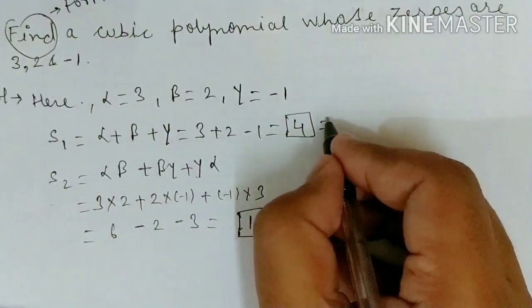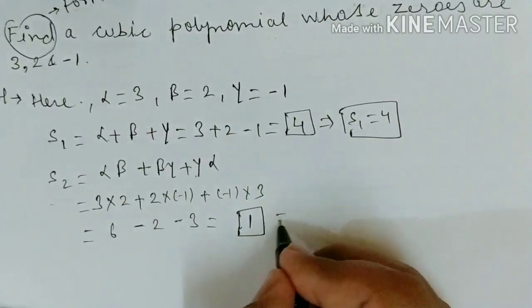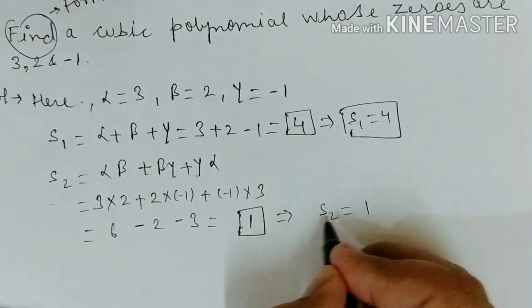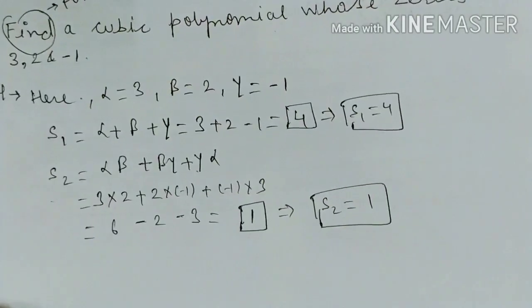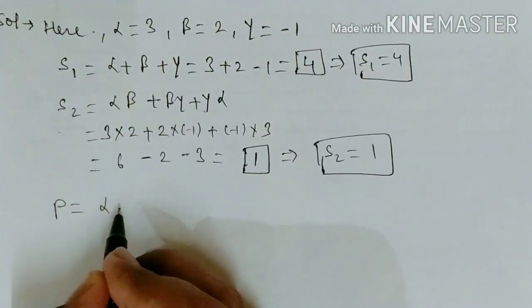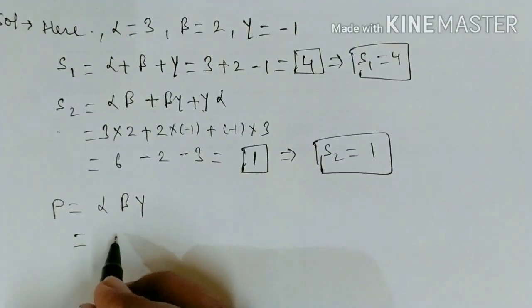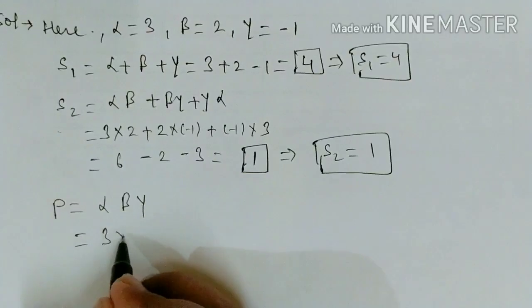Here you can write in this way also. S1 equal to 4, make a box. Here you can write S2 is equal to 1, make a box. In the same way we will find the value of product, that is alpha into beta into gamma. What is the value of alpha? 3.